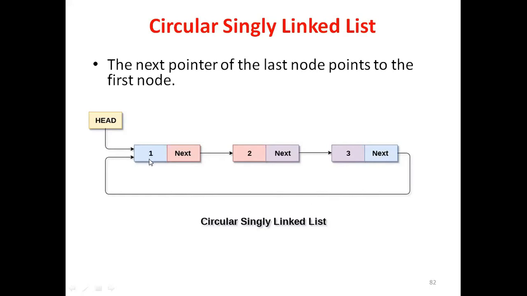Now if the last node is pointing to the first node, what does it mean? It means the next field of the last node will contain the address of the first node. And the address of the first node is present where? In head. So this last node's next field should contain this head.